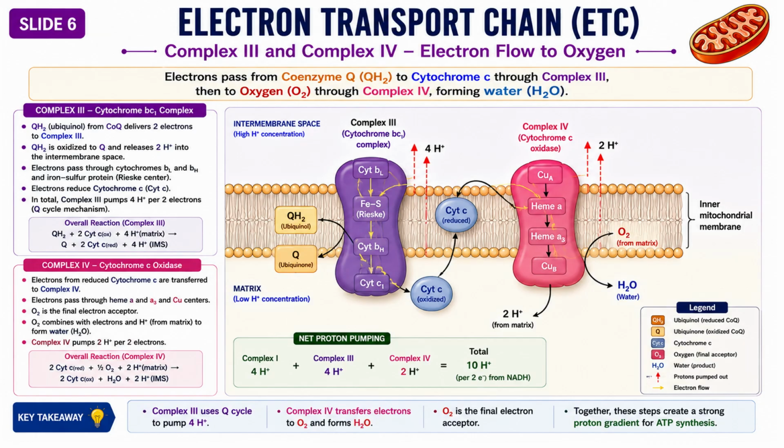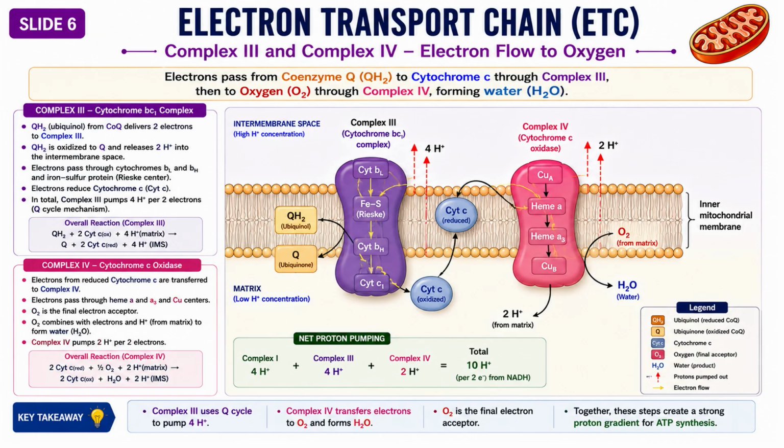Complex 4 is also called cytochrome C oxidase and contains important cofactors, including copper centers and heme groups. Complex 4 is the final major electron transfer complex of the chain. Here, molecular oxygen acts as the final electron acceptor. Oxygen accepts electrons and combines with protons from the mitochondrial matrix to form water.